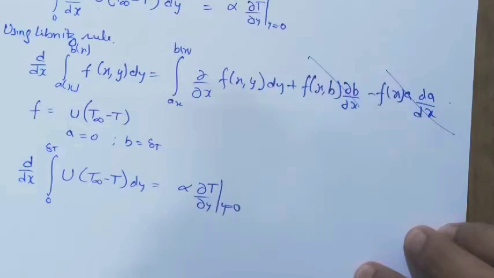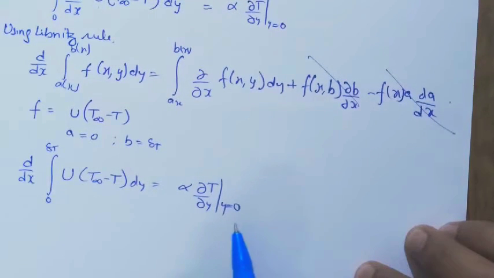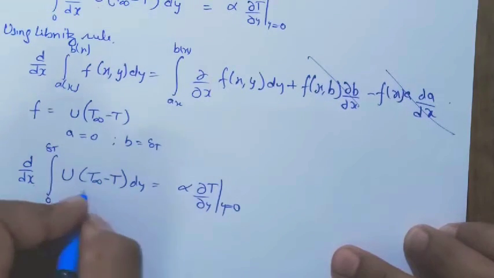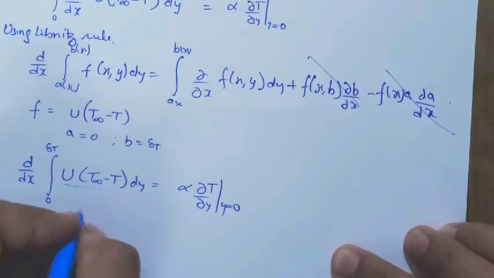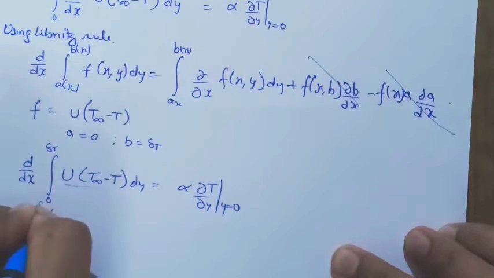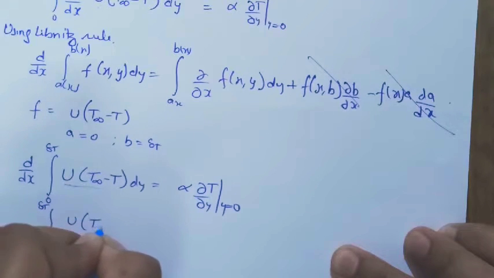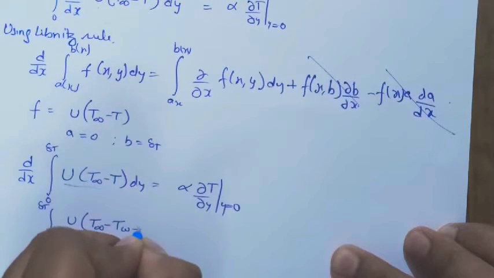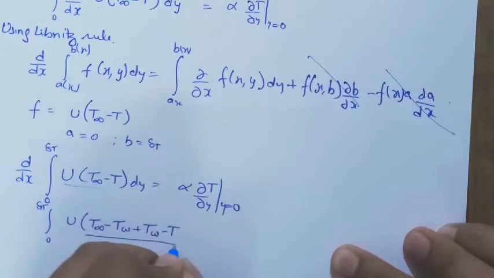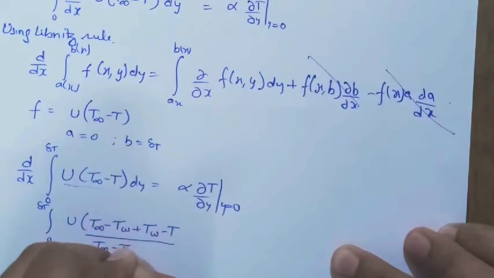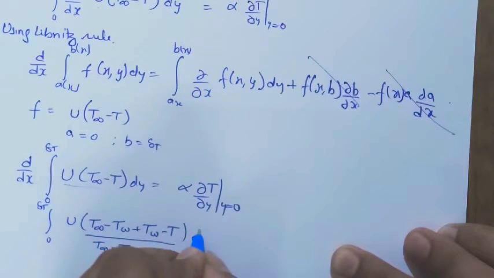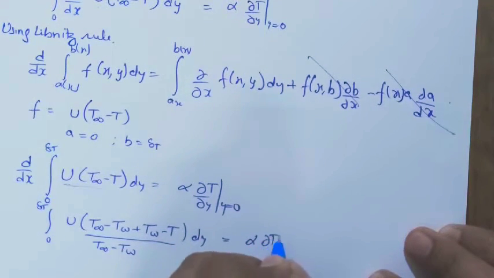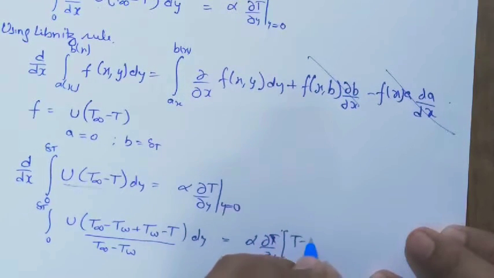Now in this case, if you remember, we have to deal with the theta term, which is the temperature gradient, and in this equation, instead of T we can write T minus Tw upon T infinity minus Tw.